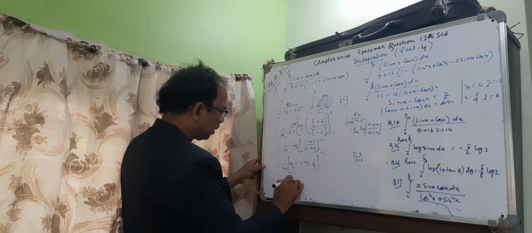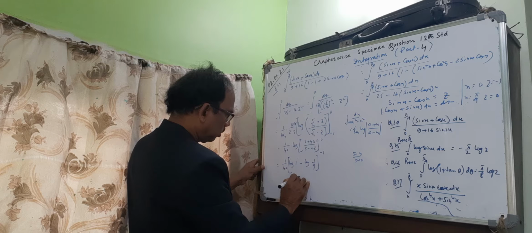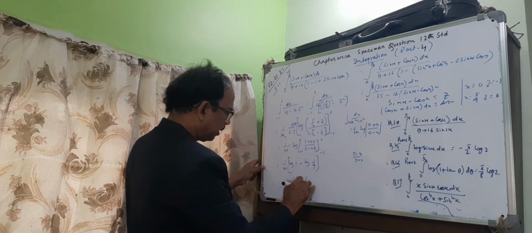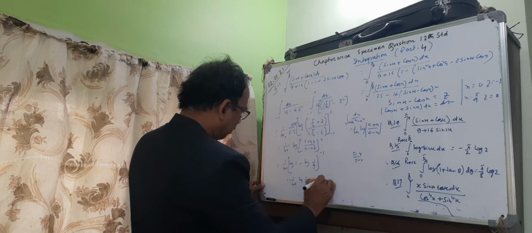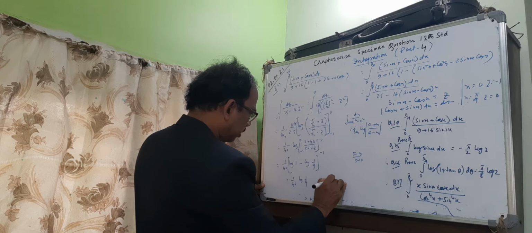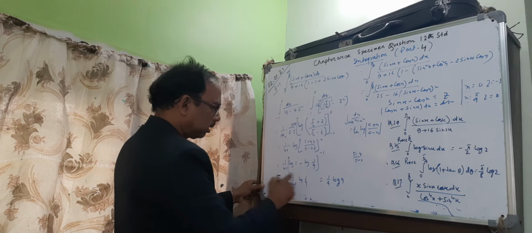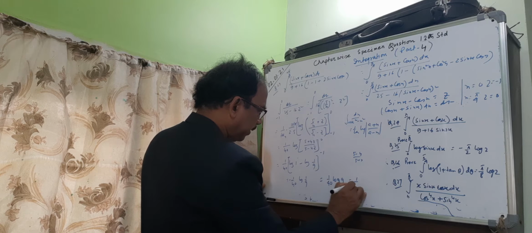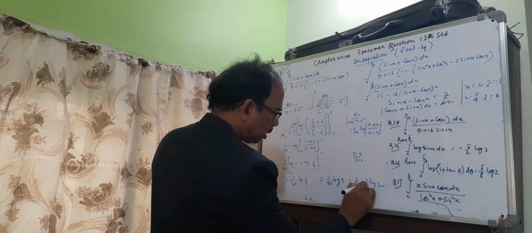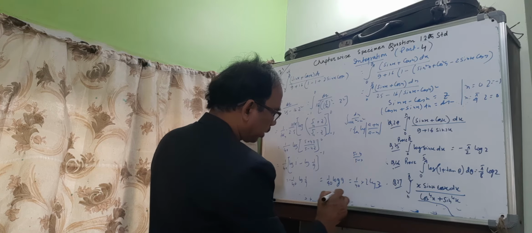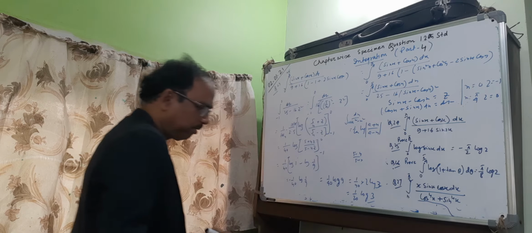Log 1 is 0, so that is 1 by 40 times log of 1 by 9, that is minus 1 by 40 log 9 with the minus removed, 1 by 40 log 9. Log 9 means log 3 square, 2 log 3. That is 1 by 20 log 3, which is your final answer.